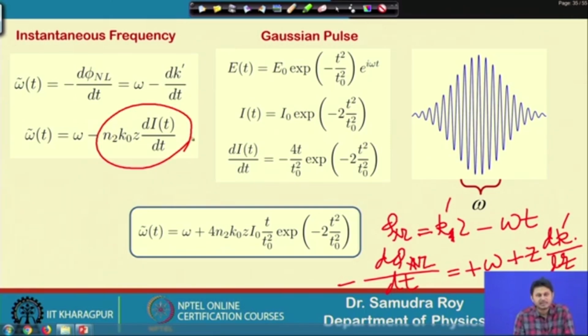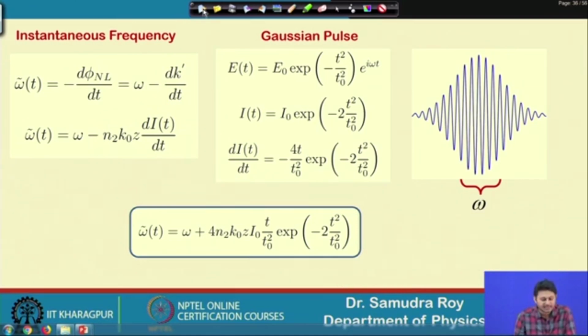So, dk prime dz is this quantity. That means the intensity is involved here, and we know that intensity can be a function of time. If it is Gaussian in nature, then we can have the instantaneous frequency in our hand. This is the expression of a plane wave moving with frequency omega, and this is a Gaussian field.